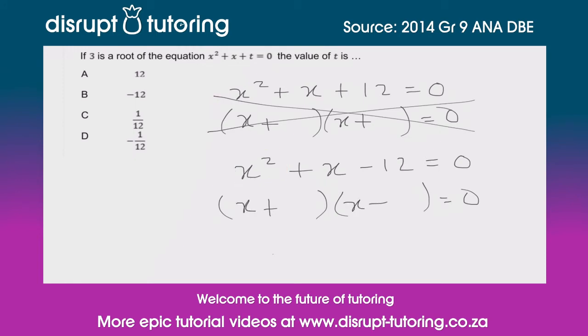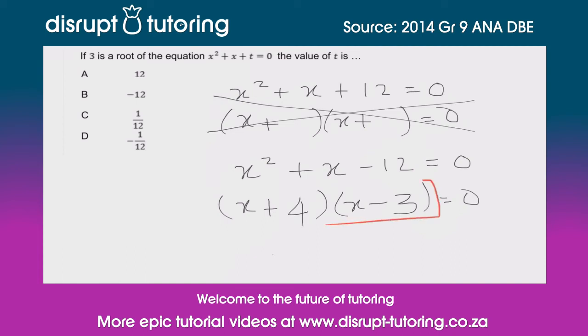Then we're going to find two numbers that multiply to minus 12 and subtract, because of this negative sign, to give us 1. In this case, we know that 4 times 3 gives us 12 and 4 minus 3 gives us 1, so 4 and 3 can work. And because this is a plus sign, the bigger number goes to the positive sign, so the 4 goes there and the 3 goes there.